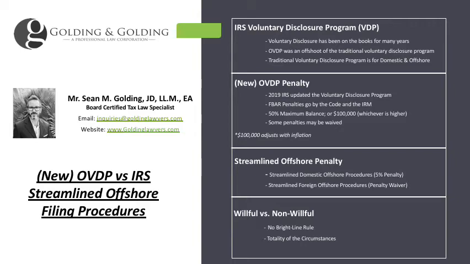Under the new version of the program, the memorandum directs the agents and examiners to go through the Internal Revenue Manual and the code and base it on that. For FBARs, first, it's a 50% max value on the aggregate total of unreported accounts or $100,000, whichever is higher. So basically $100,000 is the floor.